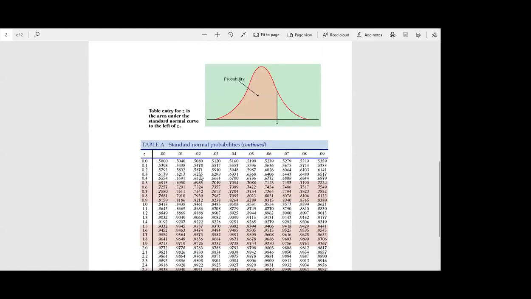At what values is it the intersection? In this case, the value closest to 70 would be this value, 0.7019. And it is the intersection for 0.5 and 0.03.